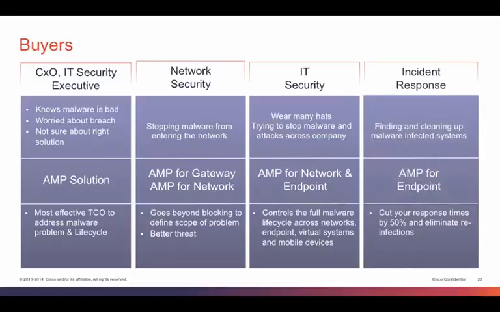As a subset of that group, or even in smaller organizations, it may even be the same people, but the incident response folks, these are the guys who are trying to go through that eye chart that I showed you a few slides ago. And so it's their job to find the malware, clean it up, and figure out what happened.